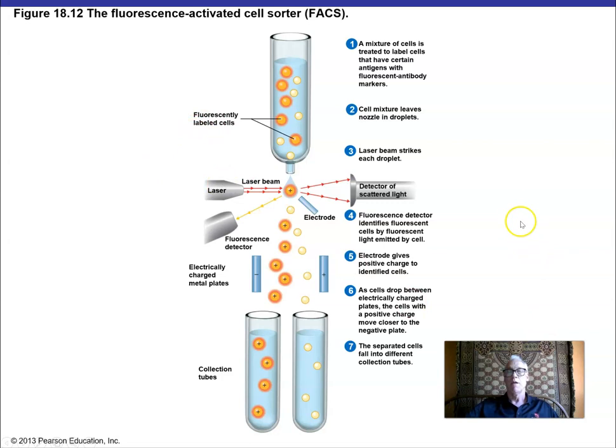Flow cytometry, we talked about this once before. You can actually label cells with fluorescent dyes and then shoot them through a little nozzle to make little microscopic droplets that shoot in front of a fluorescent beam, or a laser beam, I should say, of the appropriate wavelength to activate the colored fluorescent dye to emit light, and you can have a detector and count up the number of cells that are positive in terms of fluorescence and find out if someone has the requisite agent.